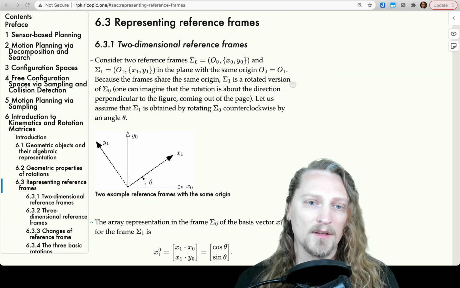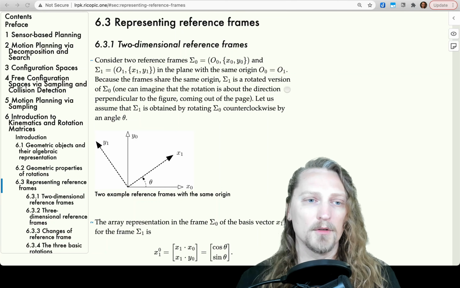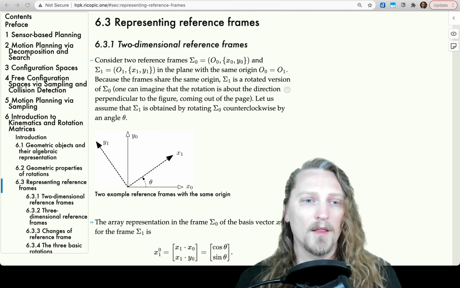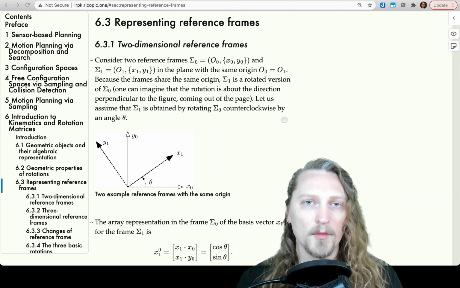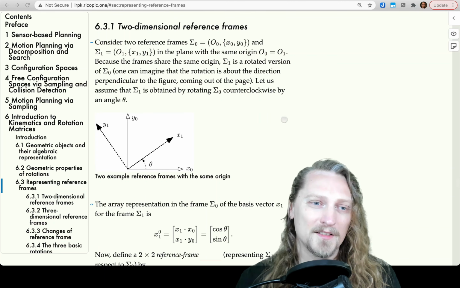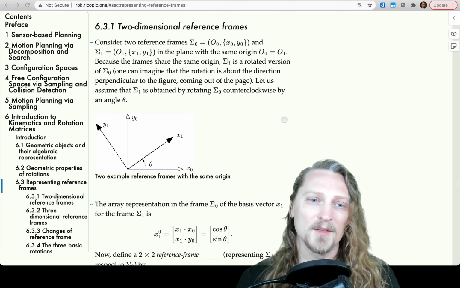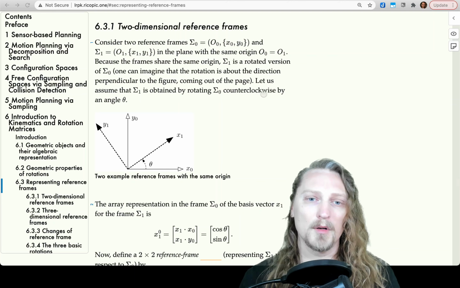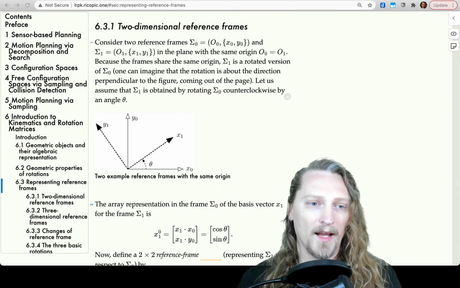One can imagine that the rotation is about the direction perpendicular to the figure coming out of the page, or screen, as it were. Let us assume that sigma 1 is obtained by rotating sigma 0 clockwise by an angle theta.